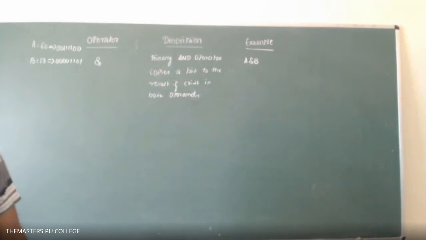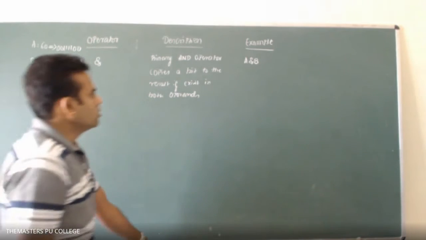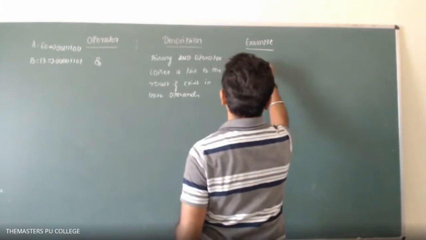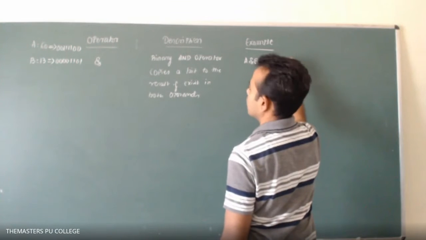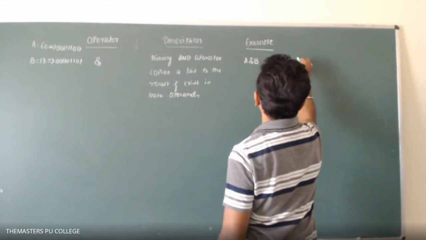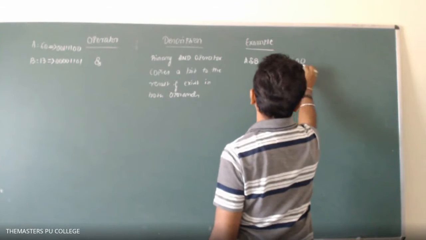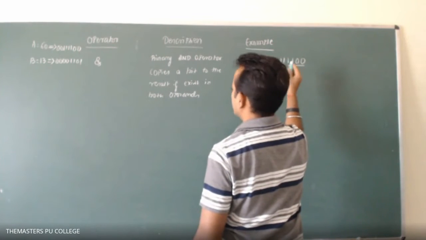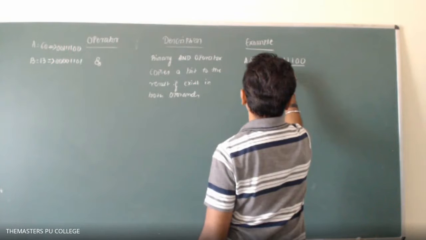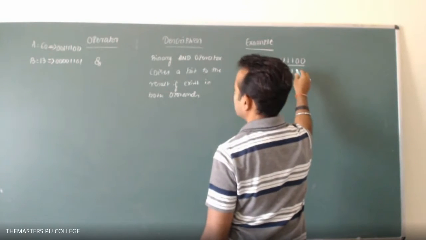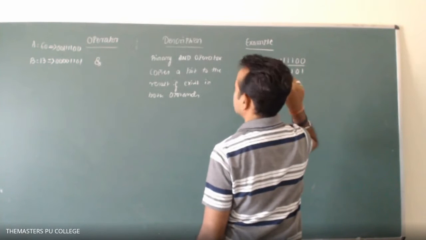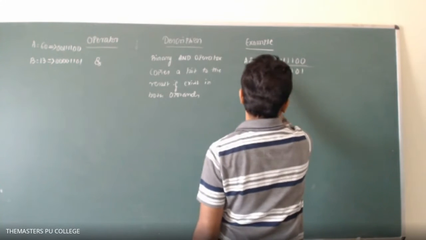So combine these two: 0011 1100 and 0000 1101. Four bits, four bits, totally 8 bits, then it becomes 1 byte.